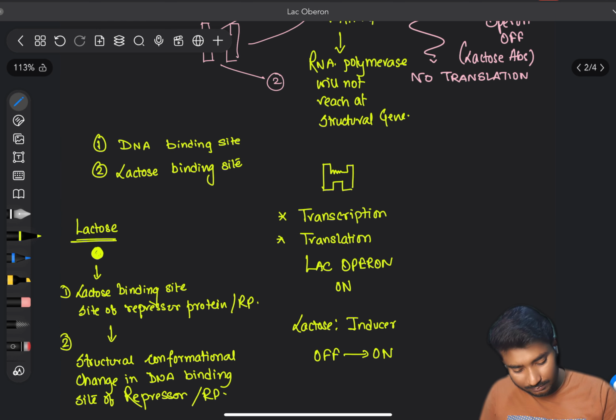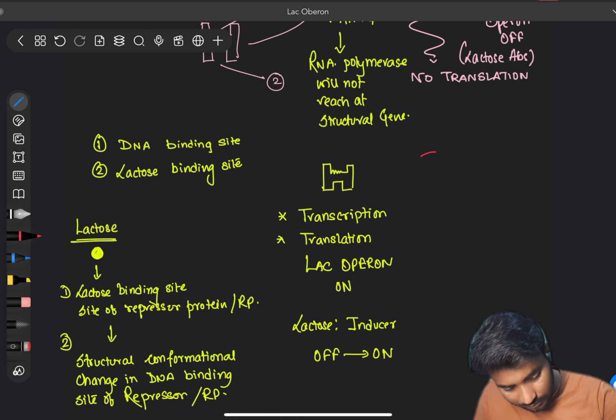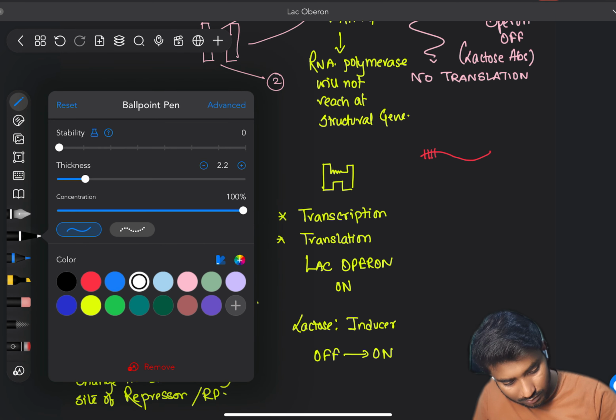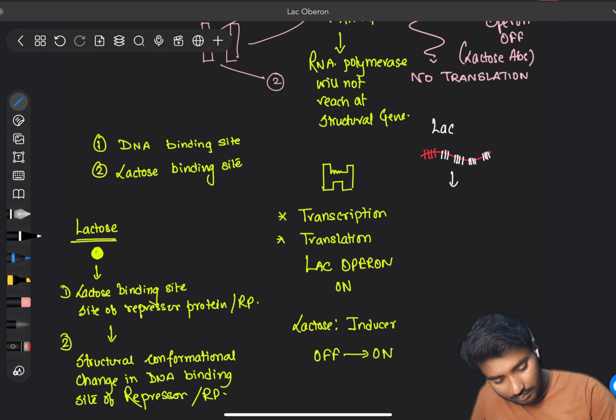Here you see, Lac Z secretes beta galactosidase.